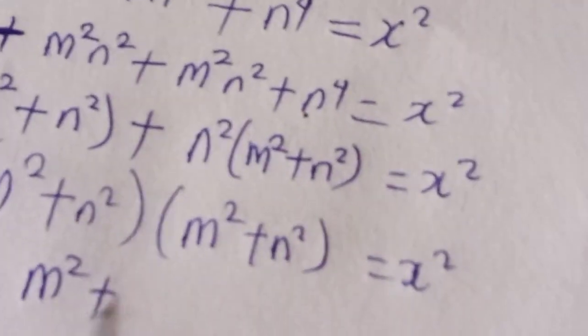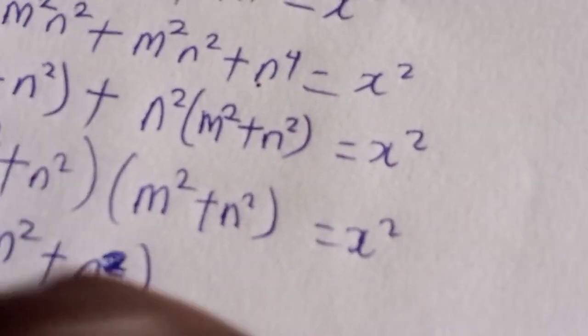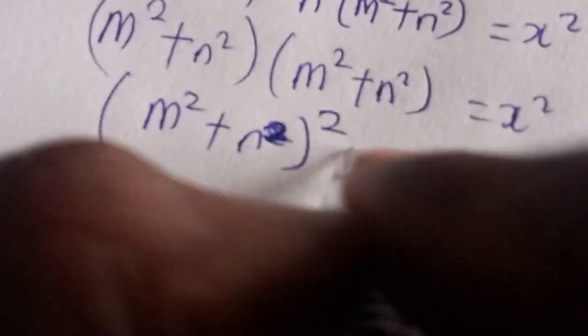Now they both occur twice, so we can say (m² plus n²) squared equals x squared. Then we can square root both sides, because we are looking for only x.